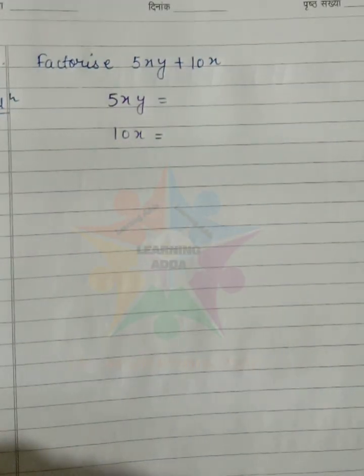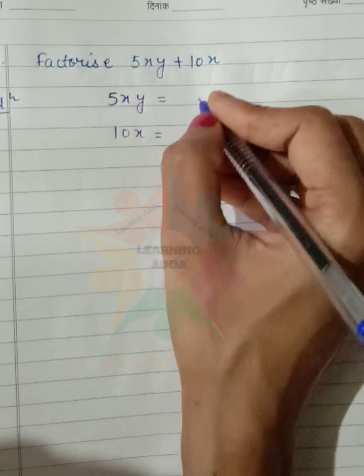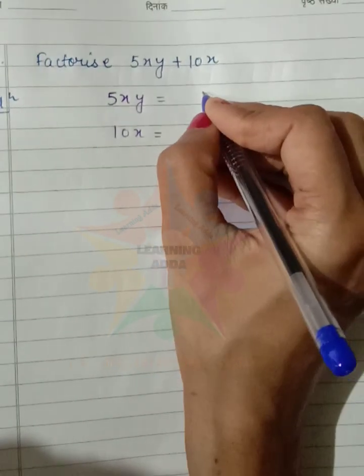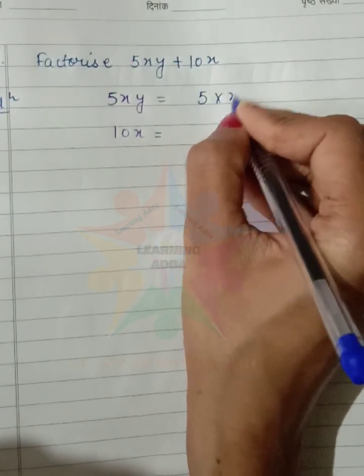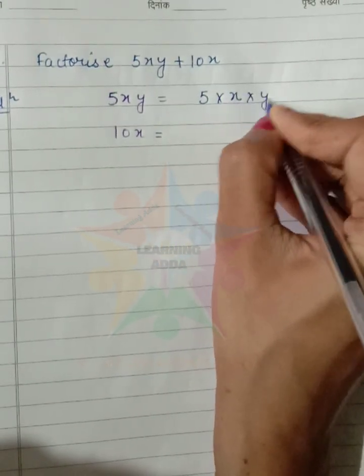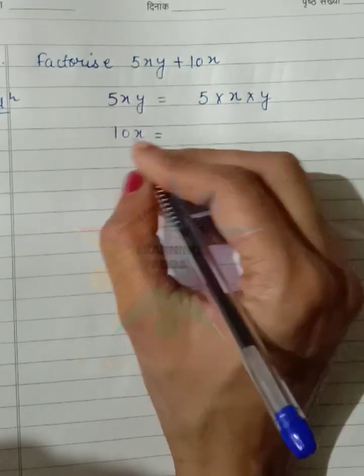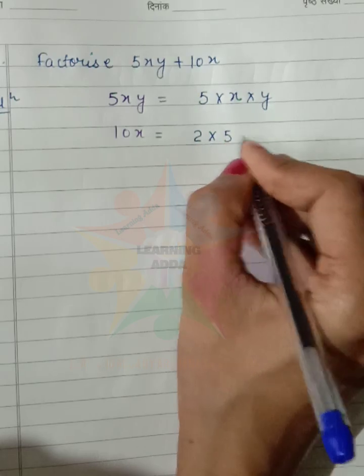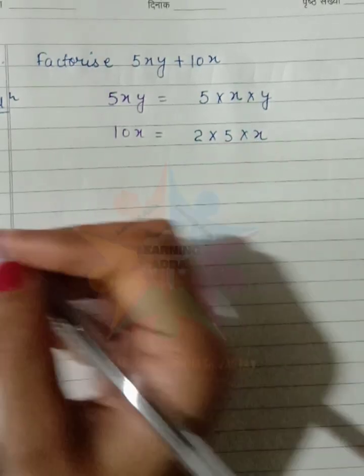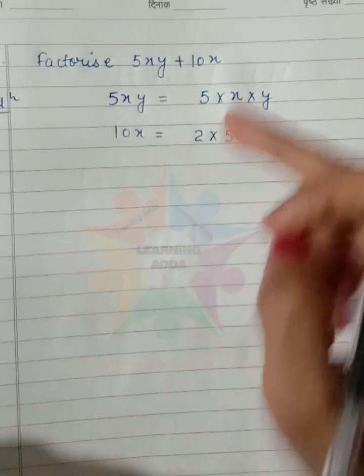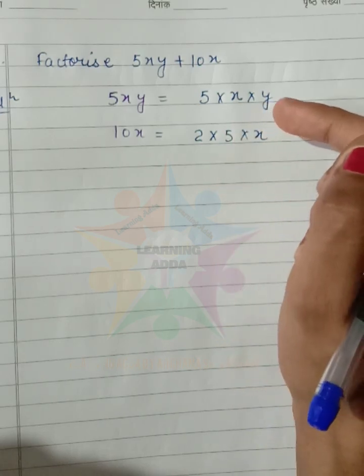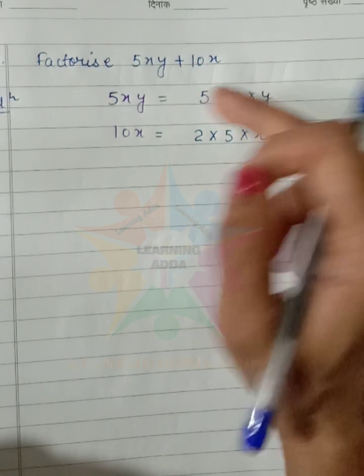We factorize these terms separately. First term is 5xy. Factor of 5xy equals 5 into x into y. And the second term is 10x. 10 we can write as 2 into 5, and here is x. Observe that the two terms have 5 and x as common factors.